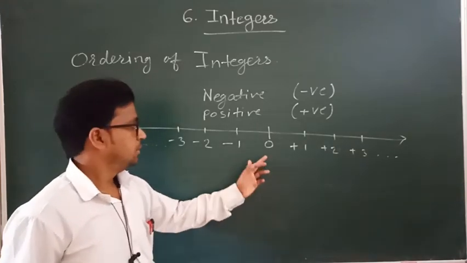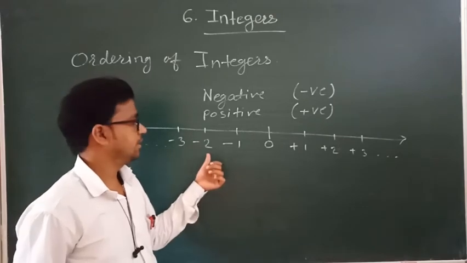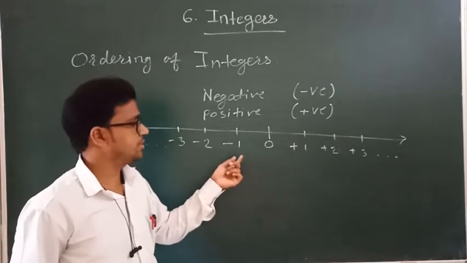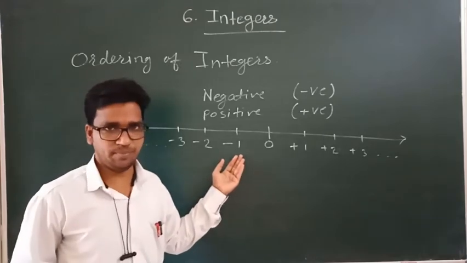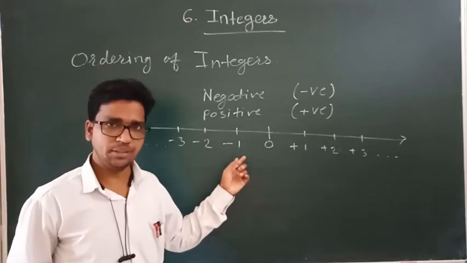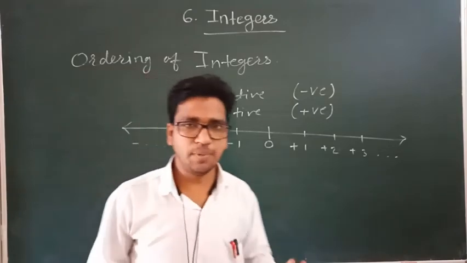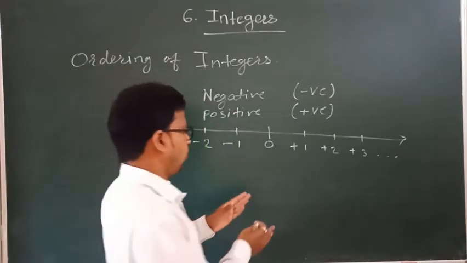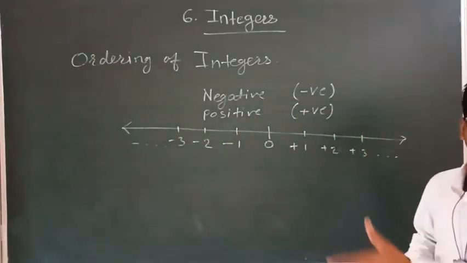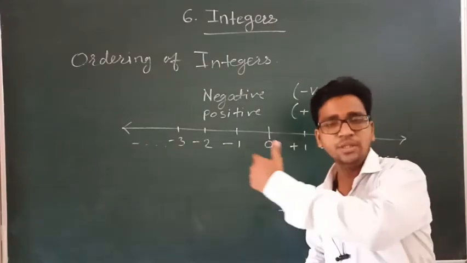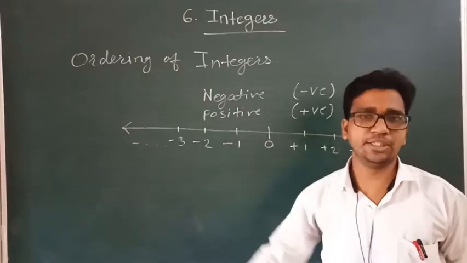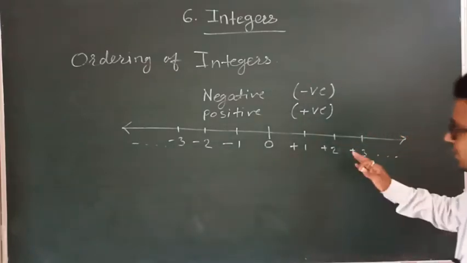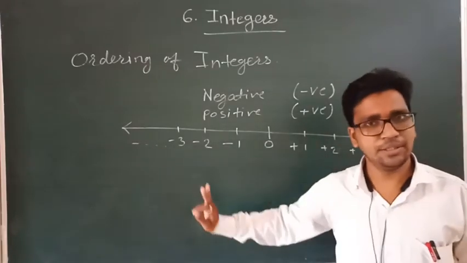How? Negative 1 is greater than negative 2. Negative 2 is less than negative 1. Means negative 2 is smaller than negative 1. On the number line, if we go to the left, then it is in decreasing order, either positive or negative.